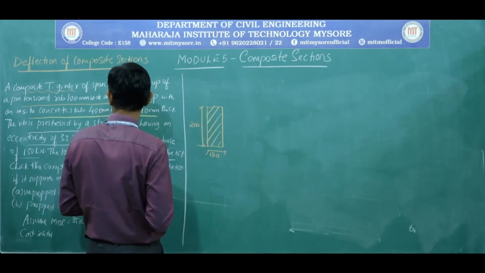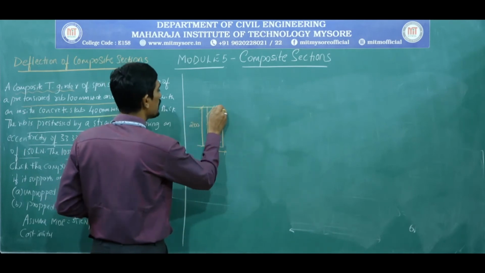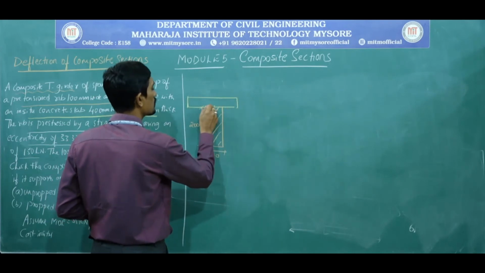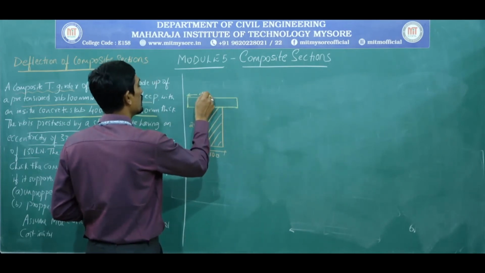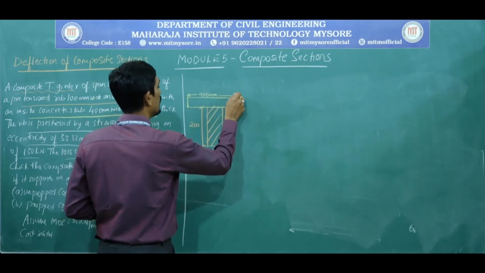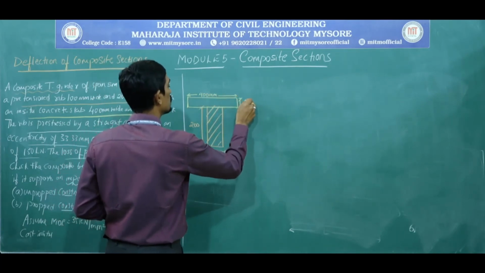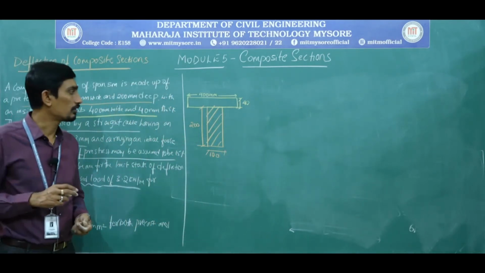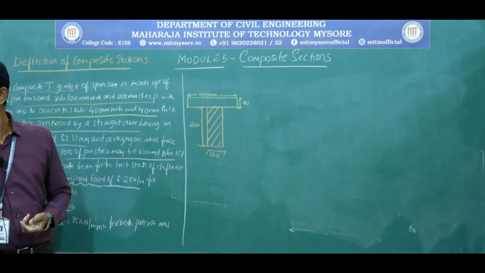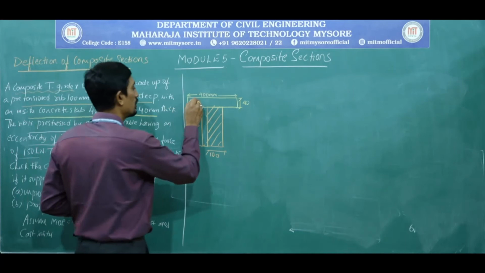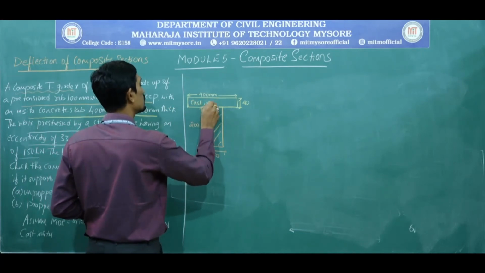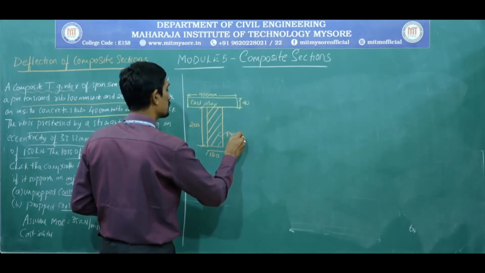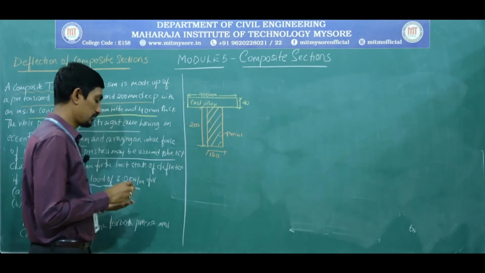In situ concrete slab has been placed. This will be 400 mm wide and 40 mm thick. So let me write that down. This will be cast in situ and this will be precast.